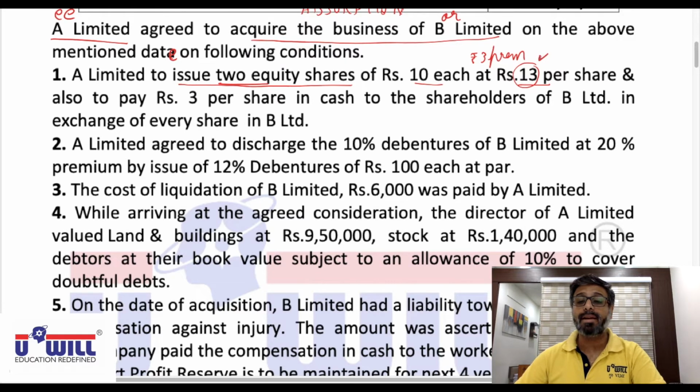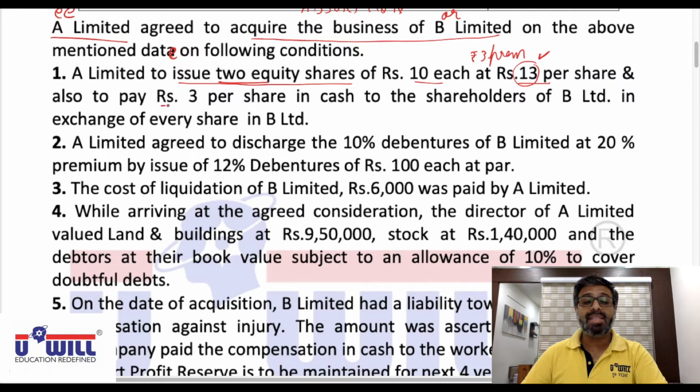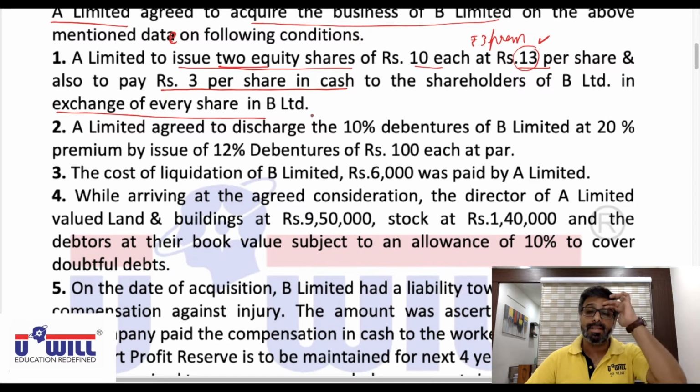We will be taking the 13 rupees value. And also to pay rupees 3 per share in cash to the shareholders of B Limited in exchange for every share in B Limited. We'll see later on when we make the workings in detail. Just underline the main points.